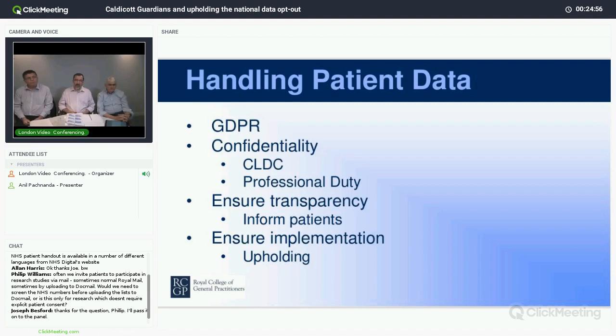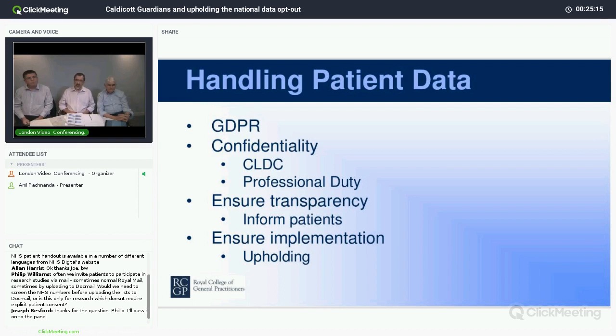So we are very familiar with handling patient data and have been for many years. In general practice, because we are independent businesses and independent providers, we are subject to GDPR.